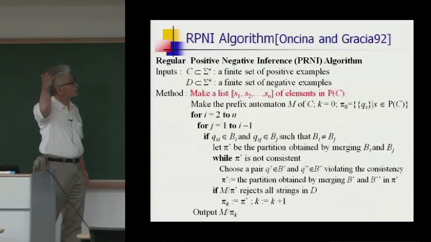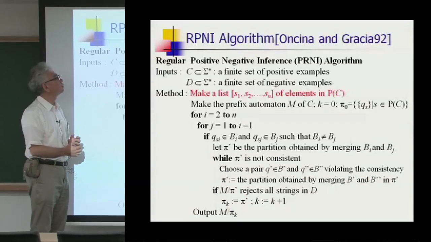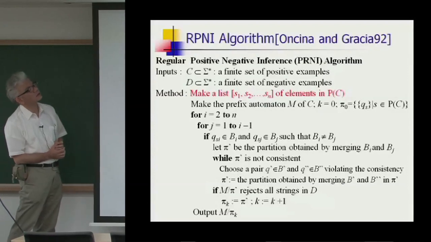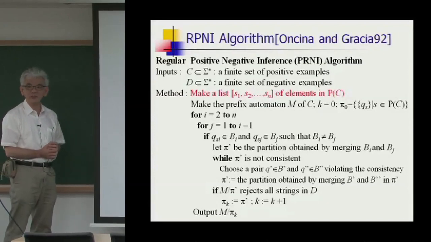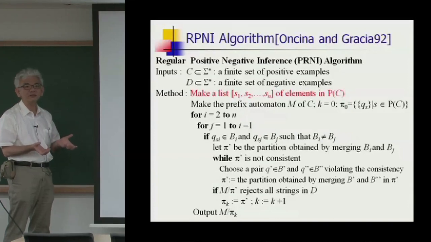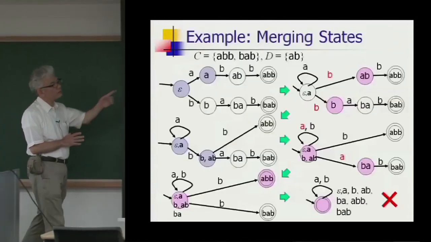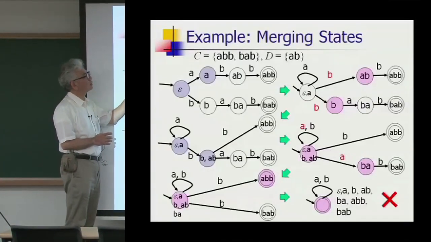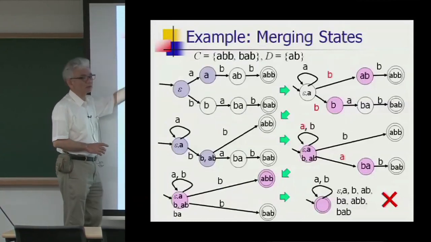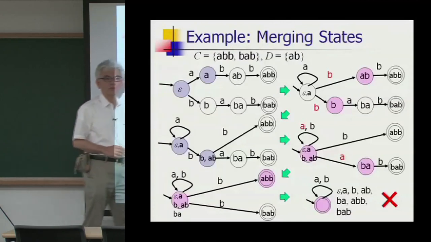I also introduced another algorithm which uses a prefix tree automaton and the merging of states. The prefix tree automaton is like this. For the positive examples, we draw an automaton that just accepts all of the positive examples.